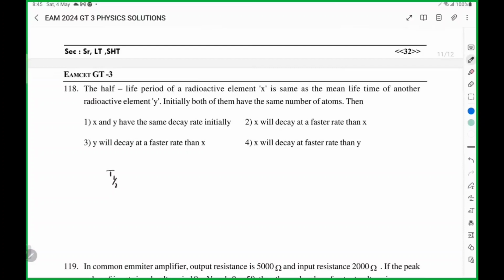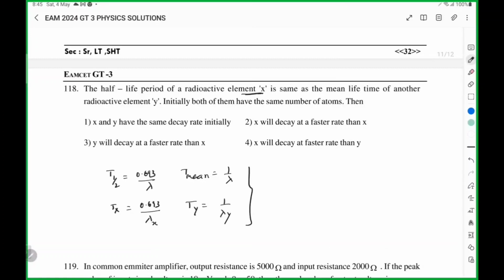So here, for half-life we have a formula, and for mean life we have a formula. The half-life period of radioactive element X, corresponding decay constant lambda x, is the same as the mean life of the other, lambda y.